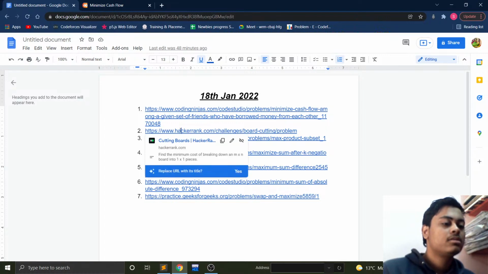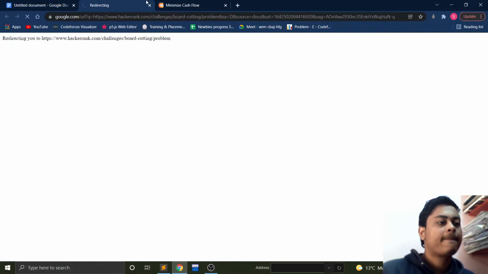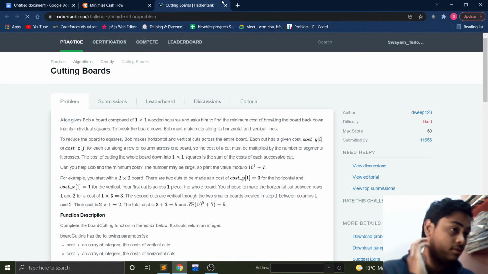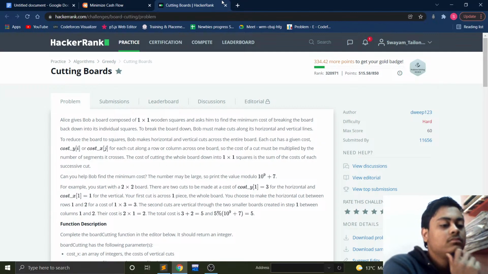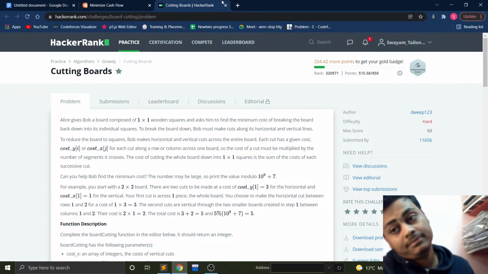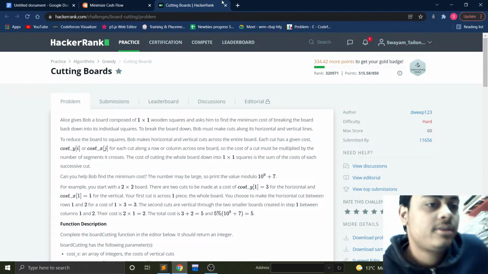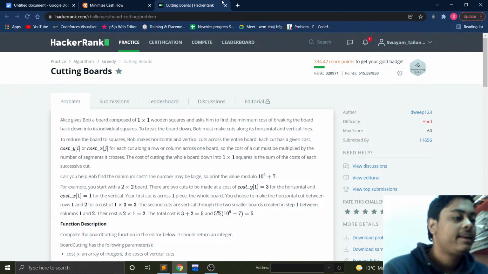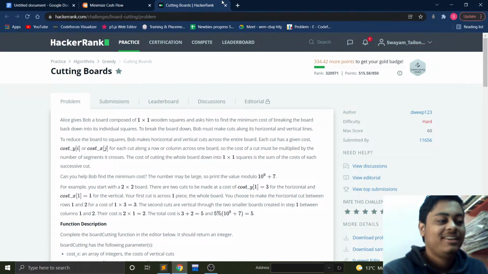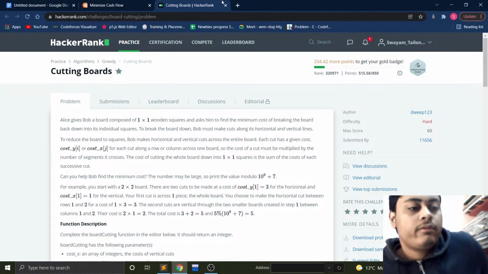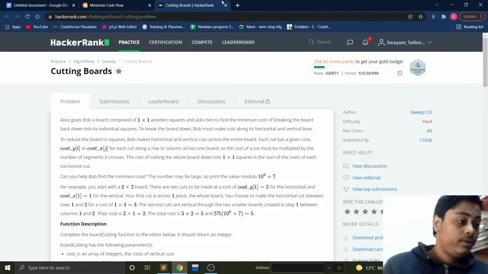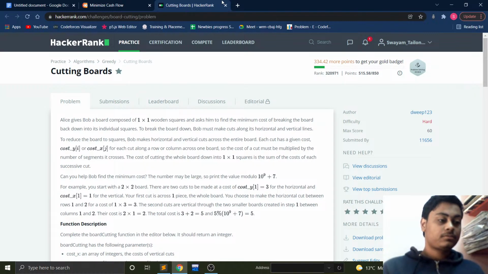The second problem is kind of a difficult problem, as shown by the tags. It is a HackerRank hard problem. Let's try to read the problem statement. Alice gives Bob a board composed of 1 x 1 wooden squares and asks him to find the minimum cost of breaking the board back down into its individual squares.